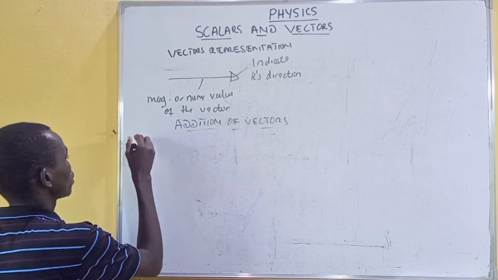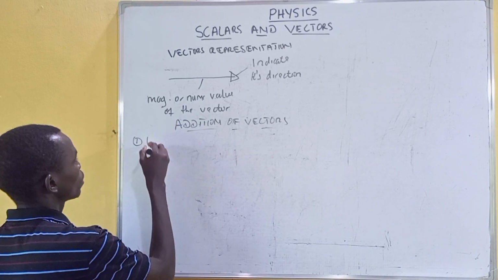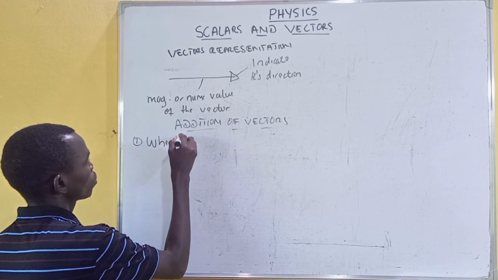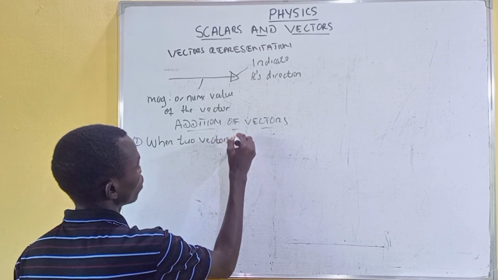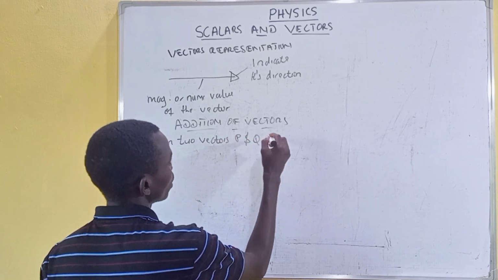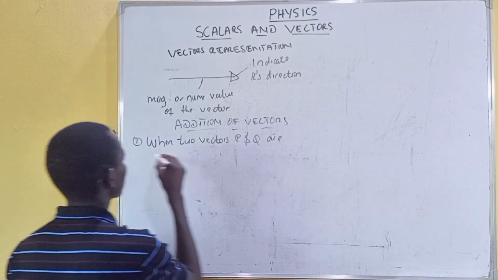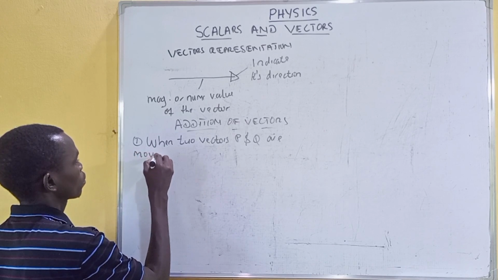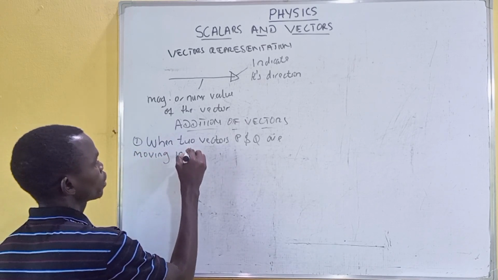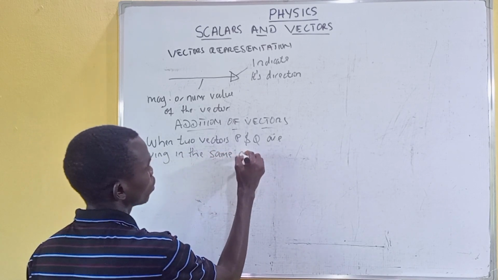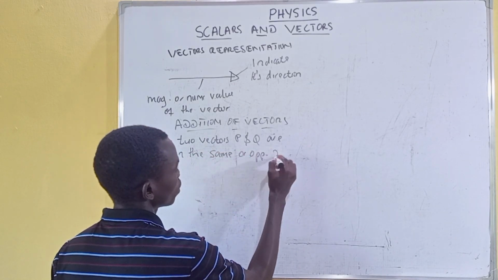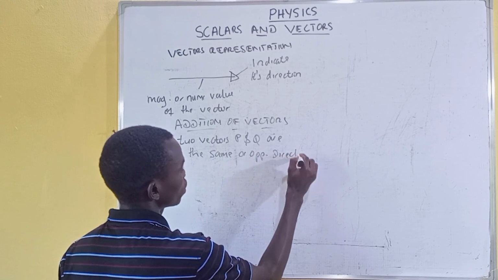So one, we talk about when two vectors P and Q are moving in the same or opposite direction.